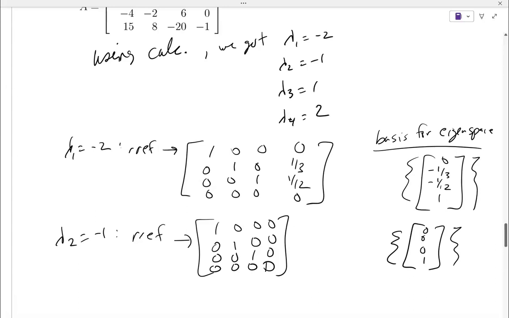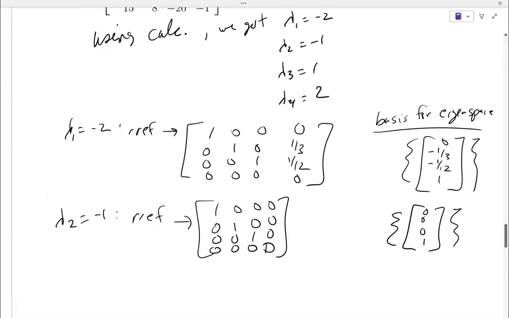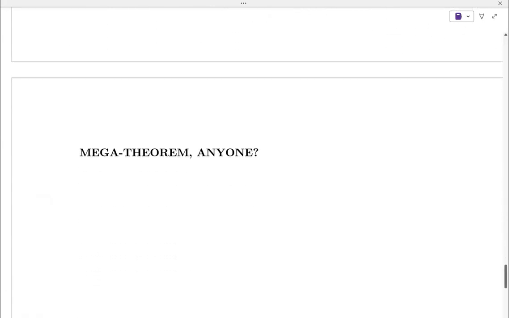Okay. Same process, right? Do the exact same thing, just plug in 1 and 2. All right. So let's finish this off. You can probably already guess what our last addition to our mega theorem is going to be. We already wrote it earlier today. Remember, our mega theorem is the set of statements that are equivalent to a matrix being invertible. What did we talk about earlier today that was equivalent to a matrix being invertible?